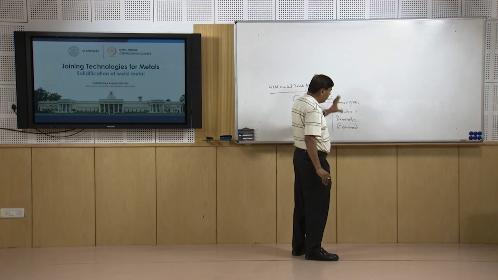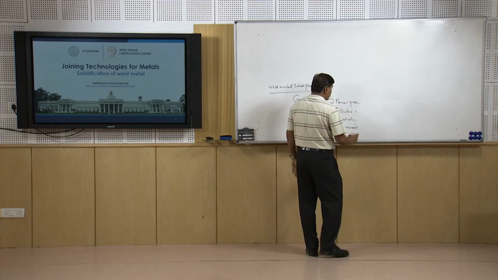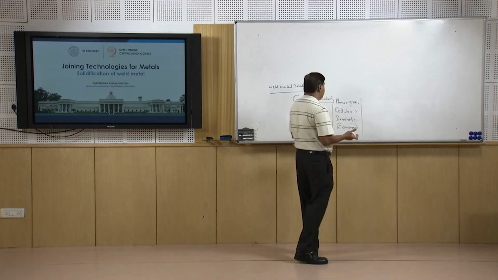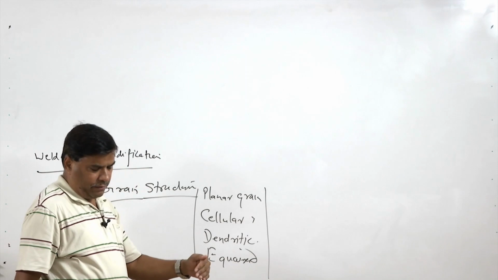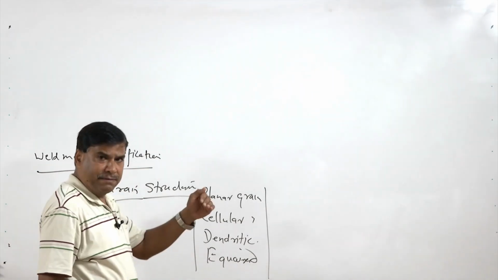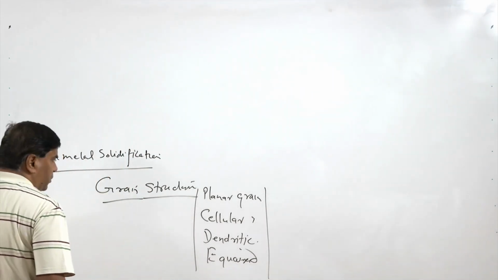And these four types of grain structures are normally observed in typical conventional weld metal, which is solidifying either through the growth mechanism only or through the nucleation and the growth mechanisms.